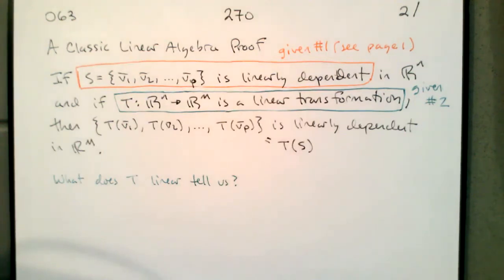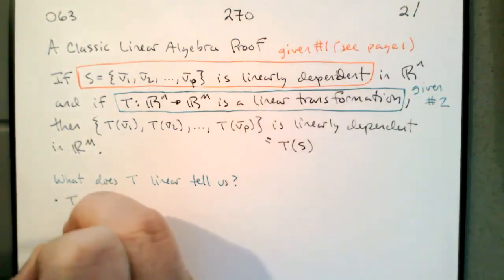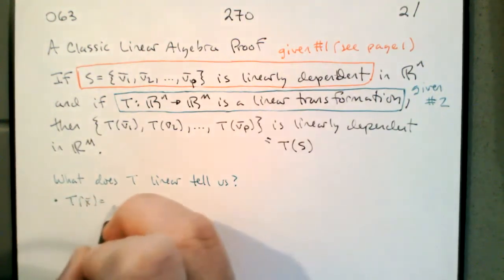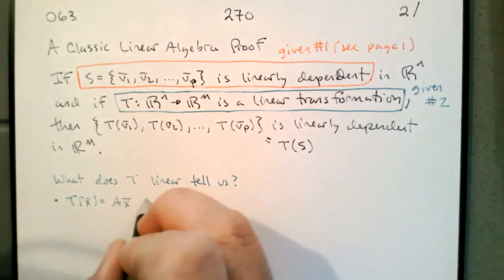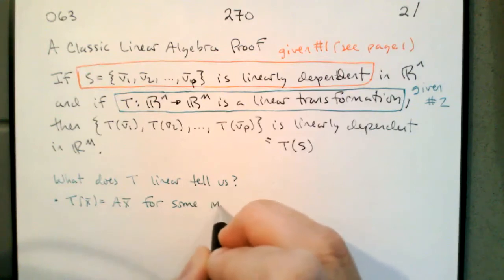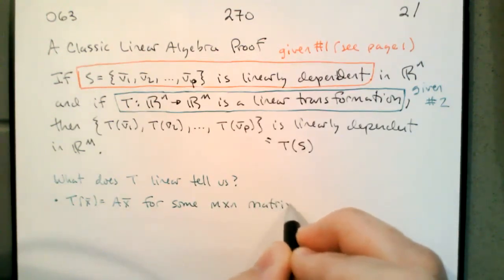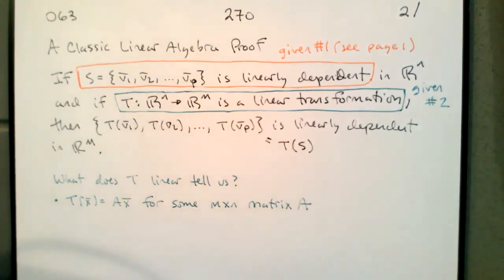So let's see, it's a linear transformation. That means we can implement it with a matrix multiplication. So T of X equals A times X for some M by N matrix A. If T is a linear transformation, then there is a matrix that implements that map.